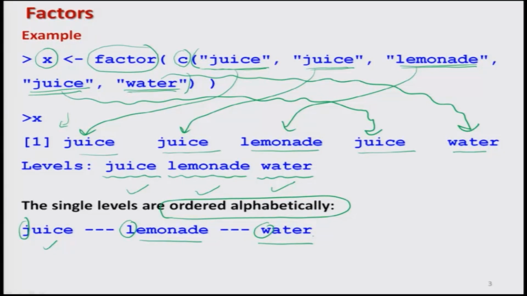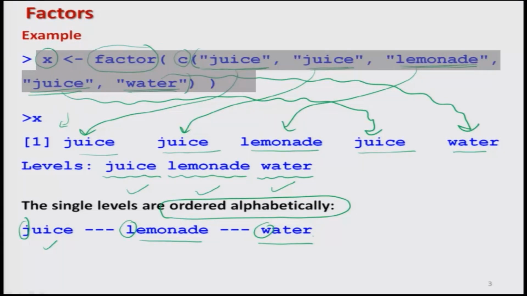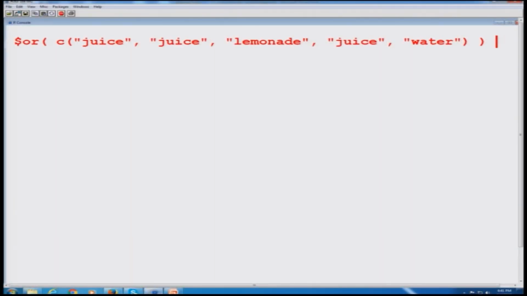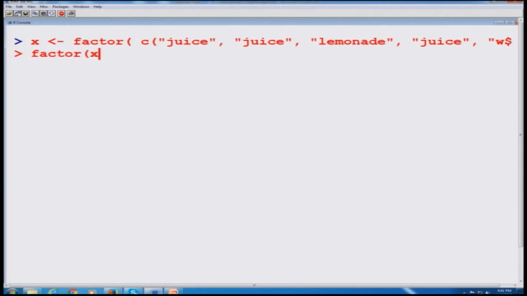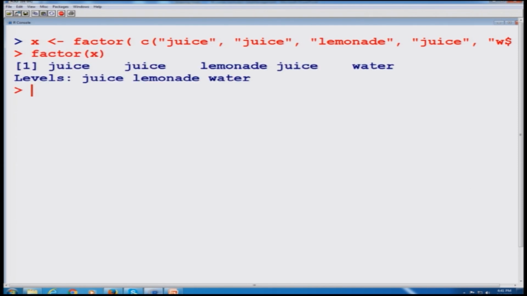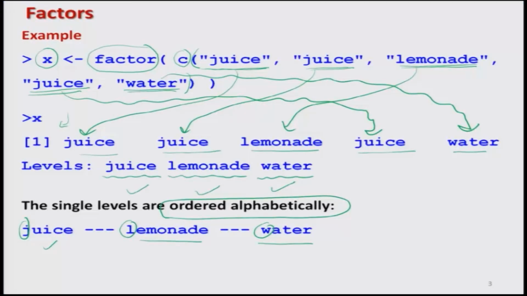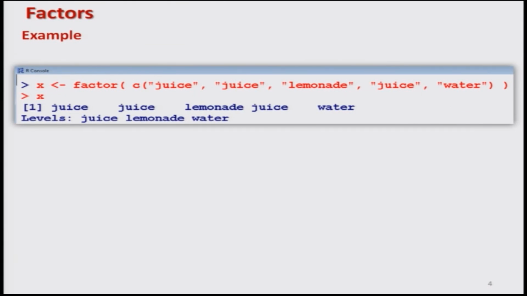Now I do the same thing over the R console, and let us see what happens. You can see here we get the same thing, and the screenshot of the same outcome is given over here.